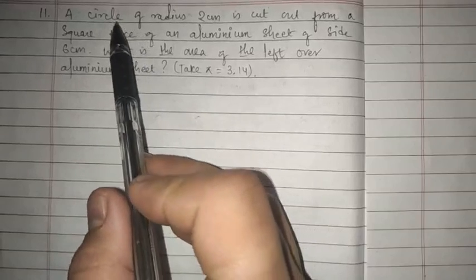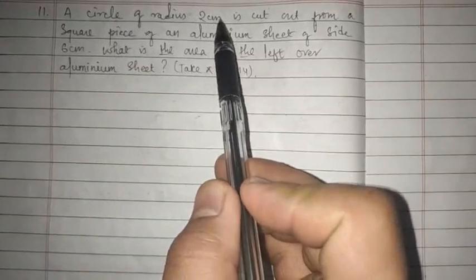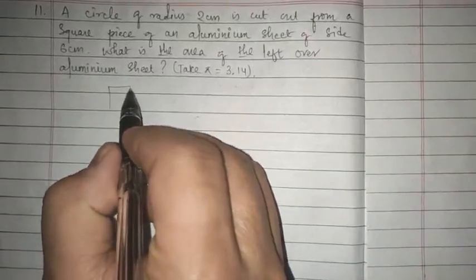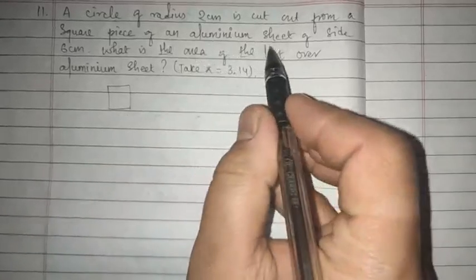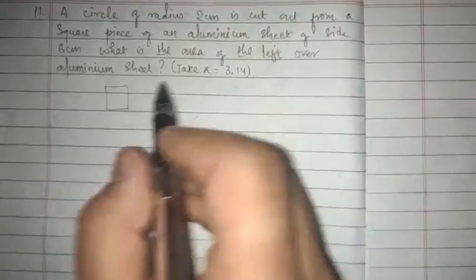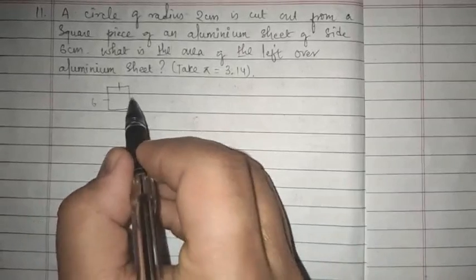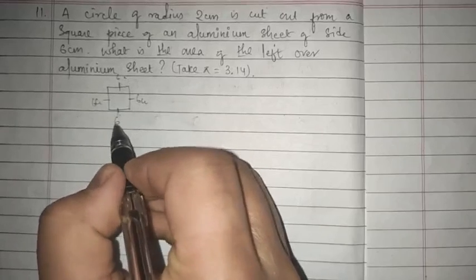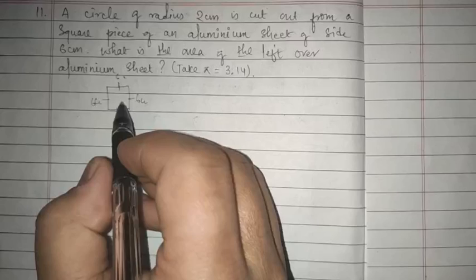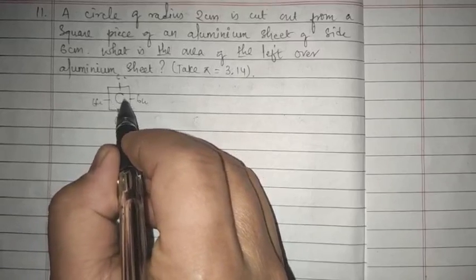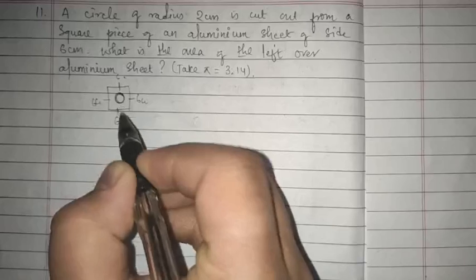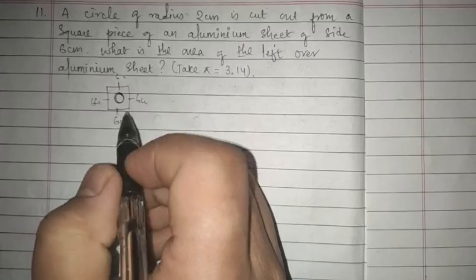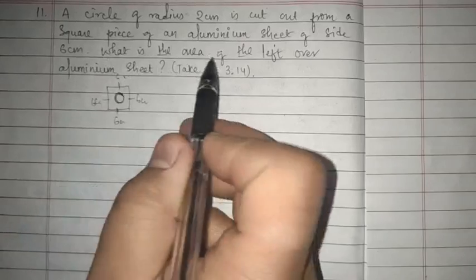So one square piece of aluminium sheet is there, of side 6 centimeter. Now from there, they are cutting a circle of radius 2 centimeter, and what you have to find here is the area of the leftover part.